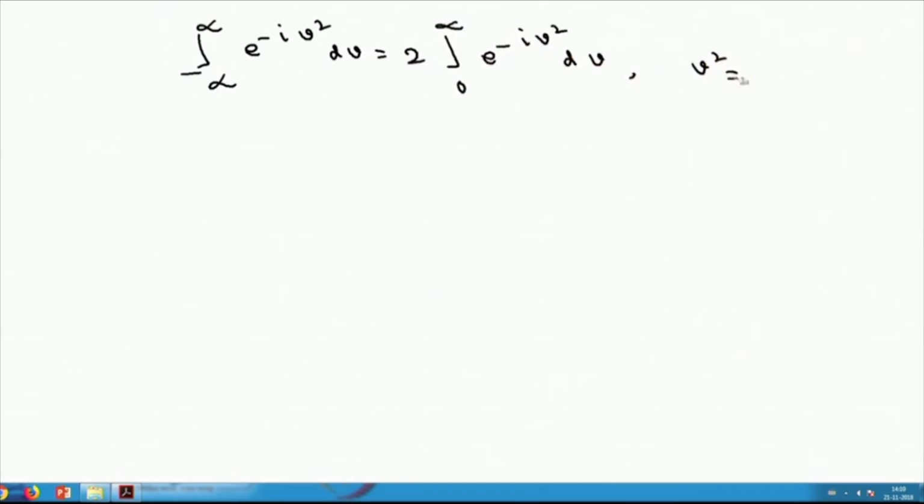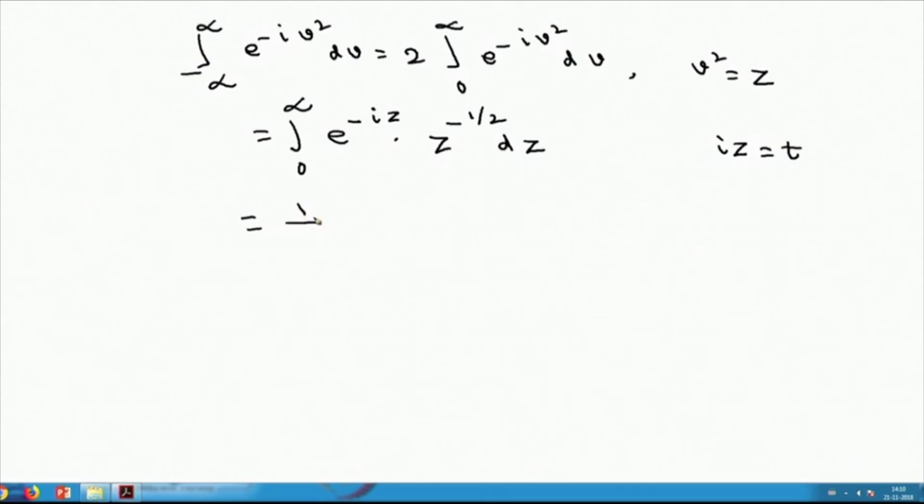If I substitute v square equals z here, it will be transformed into the integral from 0 to infinity of e power minus i z into z to the power minus half dz. Now here, put i z equals t. Once I put i z equals t, it will be 1 by i to the power half, z equals t by i.